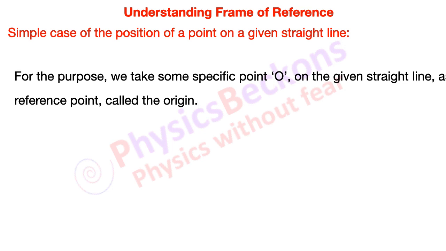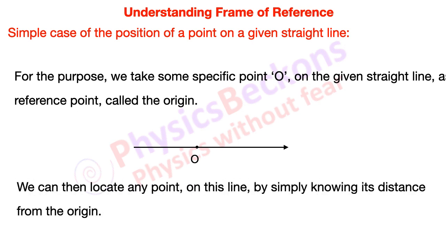For the purpose, we take some specific point O on the given straight line, a reference point which we call the origin. This you can see in the diagram here. O is a reference point which we refer to as the origin.